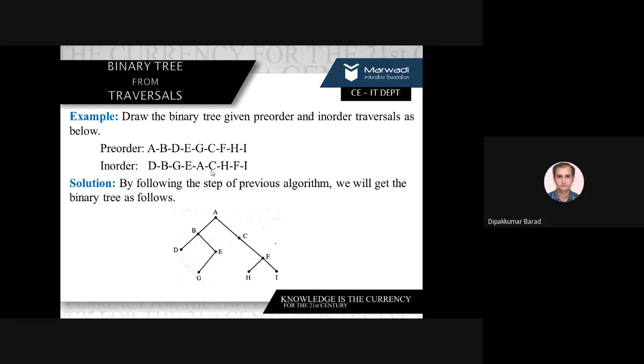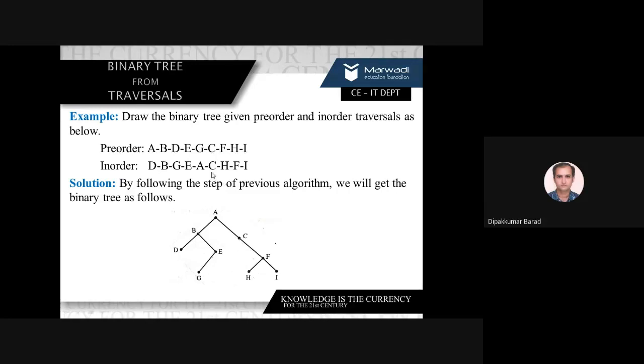So from that we have to find out the right child of A. Okay, so C. So for that we look at here this C and this A, B, D, E, G, which are on the right side of C. But all this which we have covered in here, B, D, E, G. So this F, H, I, which are on the right side of C, and C according to pre-order. First we have a node, and then left child, and then right child. Okay, so here I just look at C as a node.